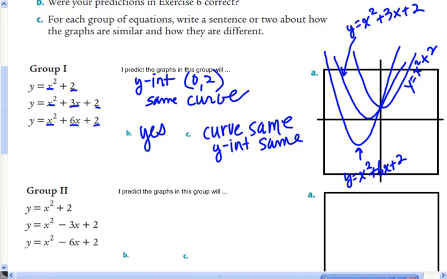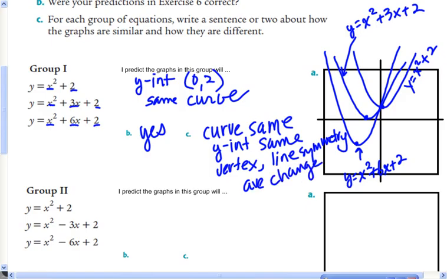And the differences are, you probably noticed that the vertex has changed, which also controls the line of symmetry, those are changed. So just predicting a little bit, what I would guess is that this number there is really affecting where our vertex is and where our line of symmetry is. So we'll probably learn more about that.